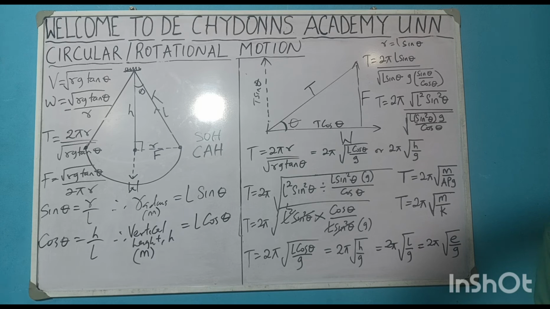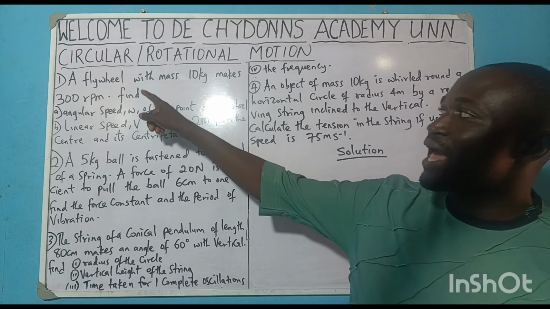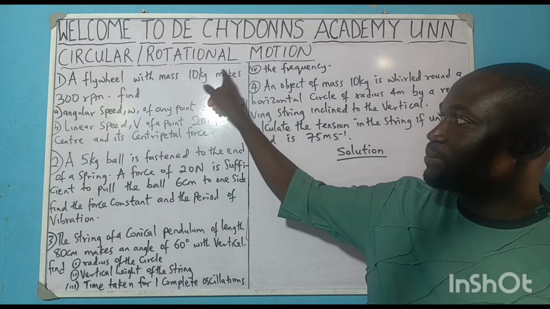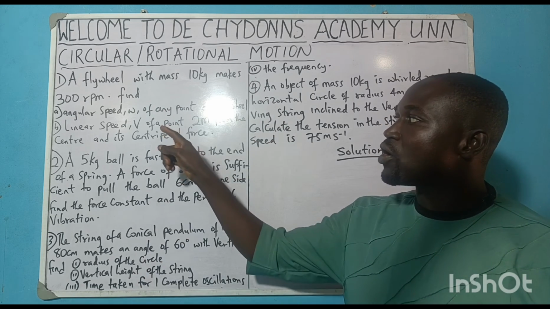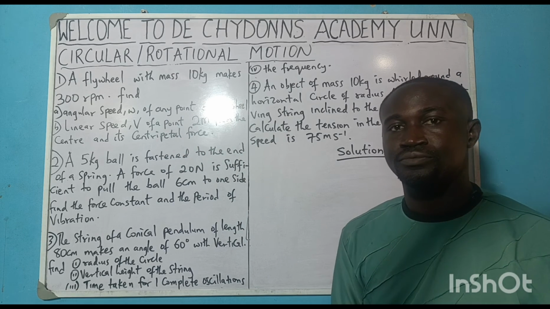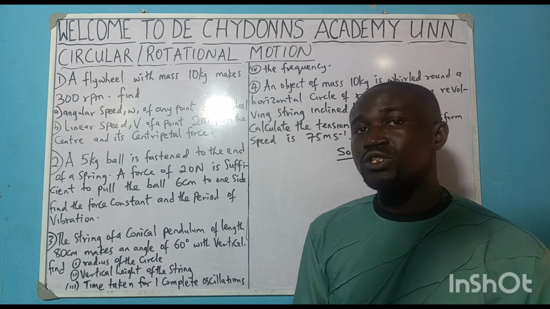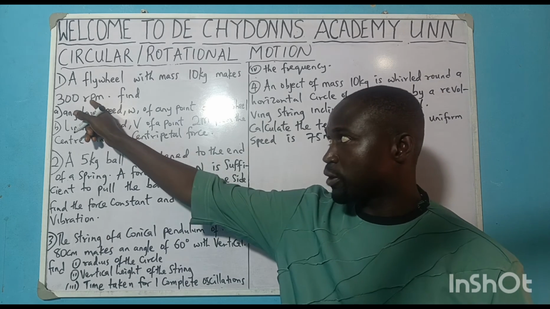Let's go to practice questions that will help us to appreciate this topic. Okay. Question number 1. A flywheel with mass 10 kg makes 300 revolutions per minute. Find the angular speed W of any point on the wheel. Now remember that the unit of angular speed is radian per second, not revolution per minute.